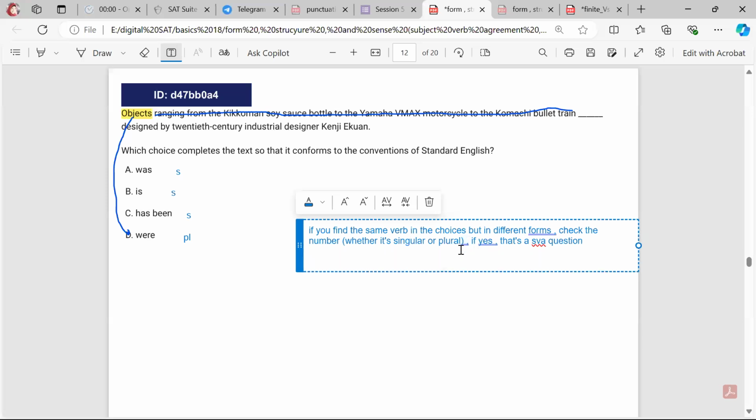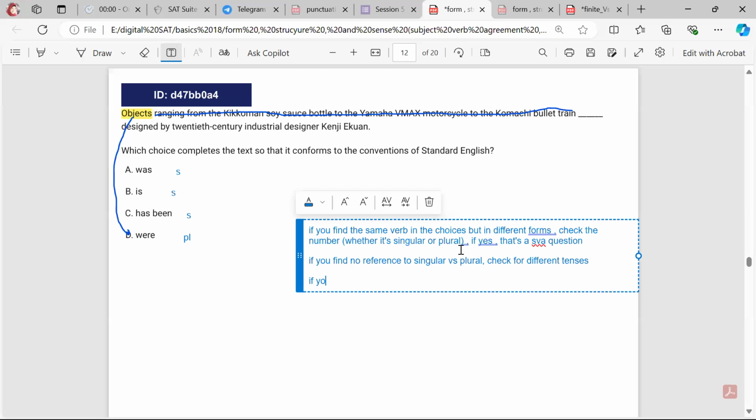If you find no reference to singular versus plural, check for different tenses. Okay? Right.